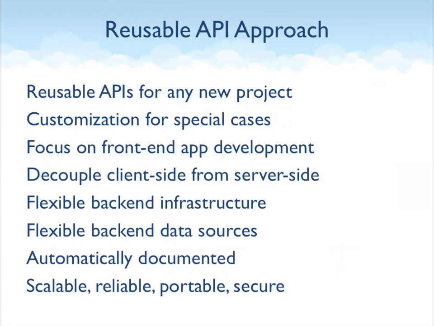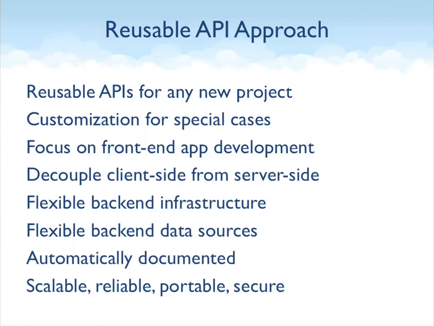It really puts the focus on front-end application development. One of the most valuable things is it decouples the client-side dev team from the server-side ops team and lets each group just go about its own business. The client-side developers can build whatever they want on top of the platform. It's much more flexible, it's automatically documented, it's scalable, reliable, portable, and secure.